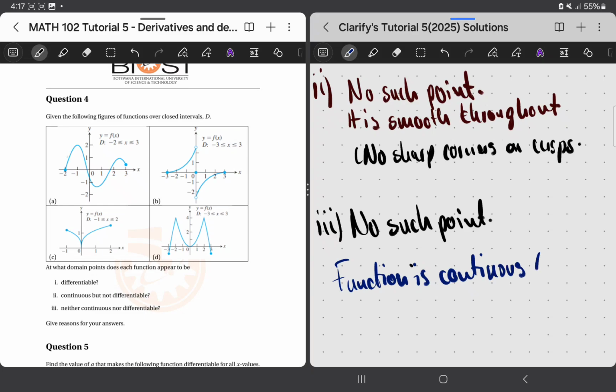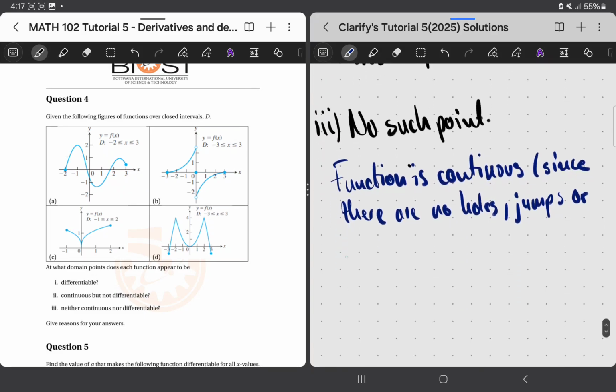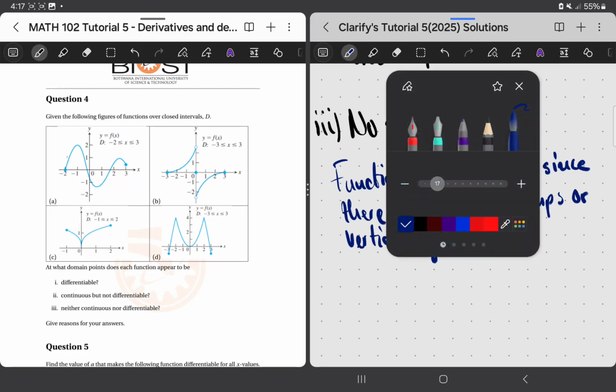You can say since there are no holes, jumps, or vertical asymptotes.